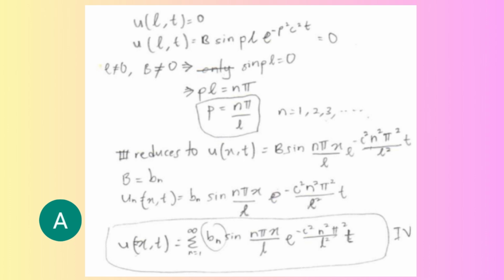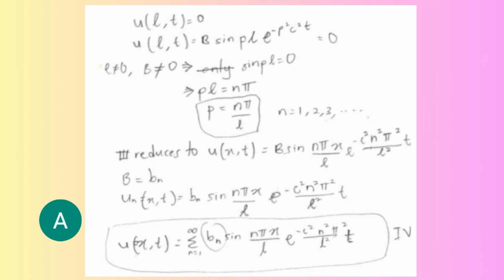Because n is not just one number, we have infinite answers, so we will write the answer as an infinite sum, and the solution can be written like this. Then we take the initial condition u(x,0) equals f(x), where the summation of b_n sin(n pi x per L) times 1.